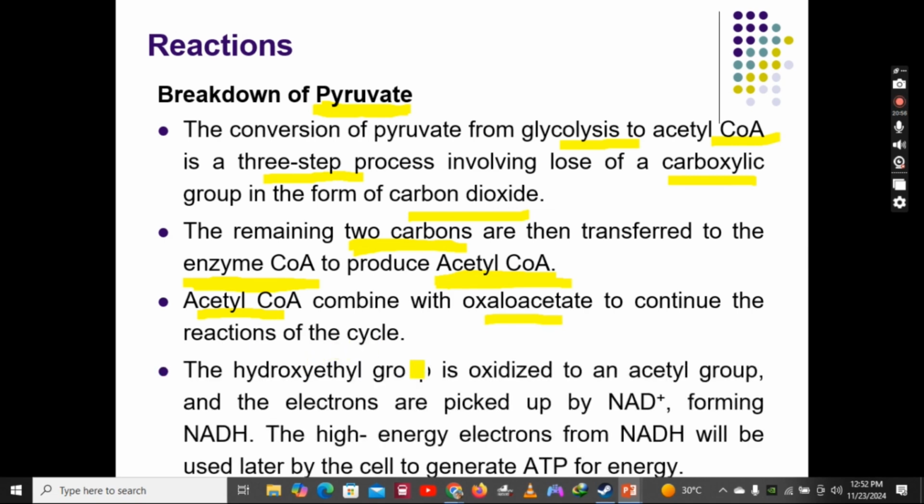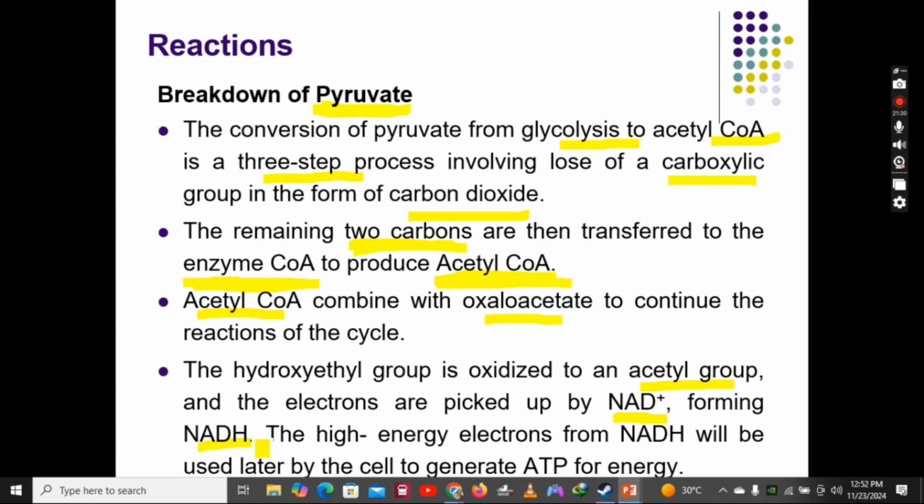We have the group which is called the hydroxyethyl group. This is oxidized to an acetyl group, and the electrons are picked up by what we call the NAD. This NAD will be converted to NADH, which is a reduced form of NAD.